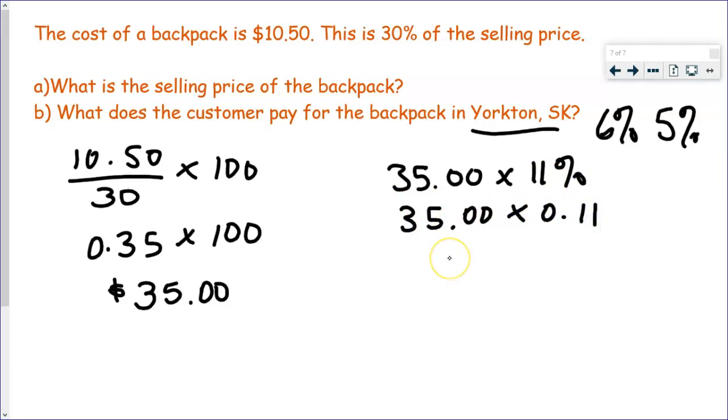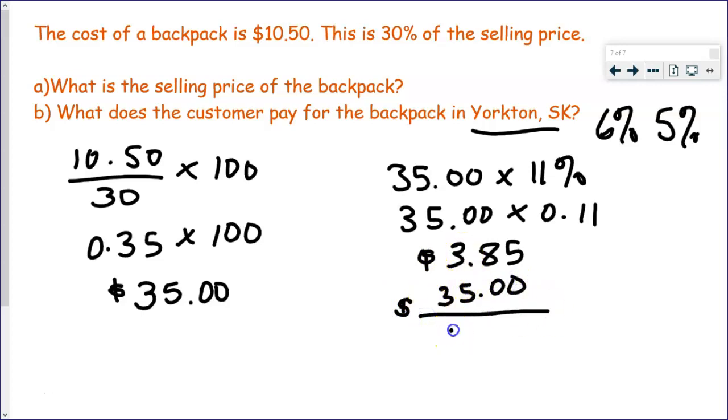And that will give us a number of $3.85. Right, so we're going to add that onto there, original amount plus tax, $35 plus $3.85, and we'll get a total of $38.85. That is the answer to what the customer pays for the backpack in Yorkton.